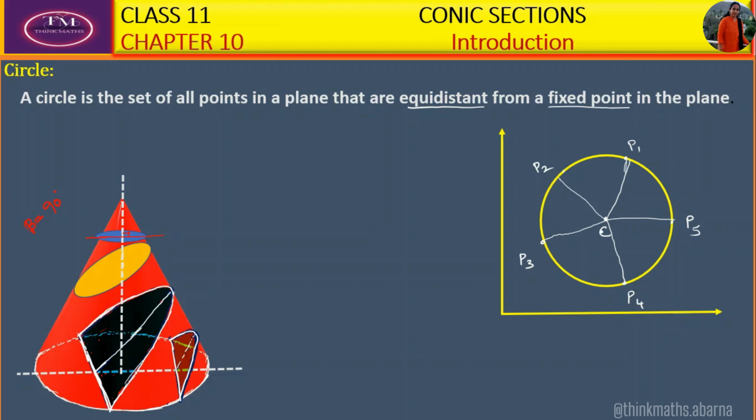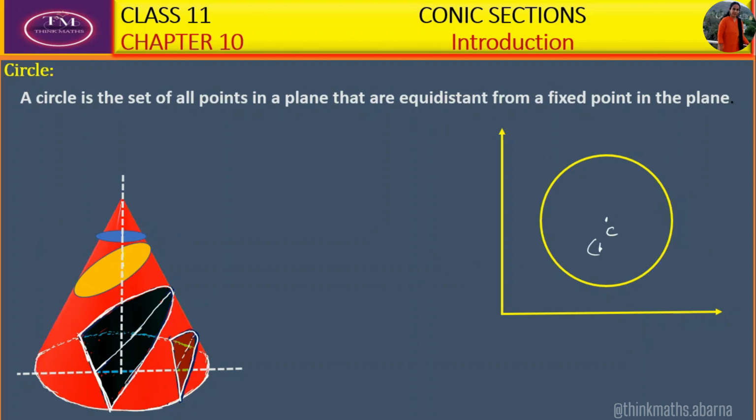CP1, CP2, CP3, CP4, CP5 will be of equal distance. If we join these points, we will get a circle. So a circle is the set of all points in a plane that are equidistant from a fixed point. This fixed point is called the center of the circle.